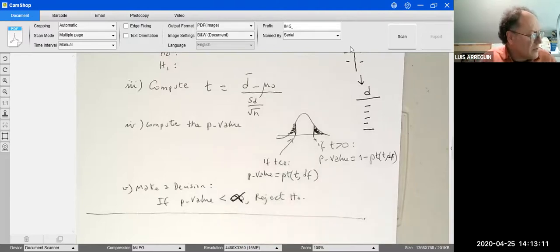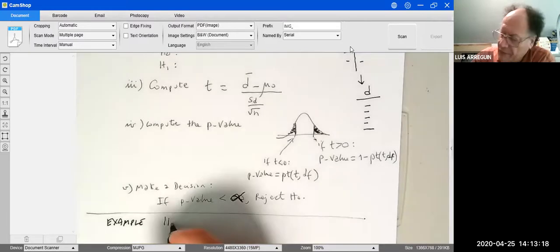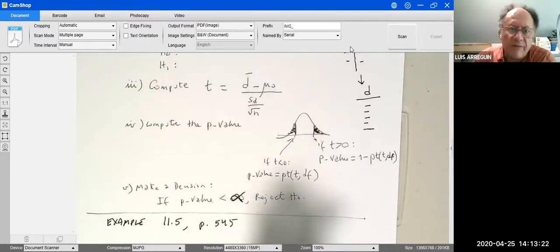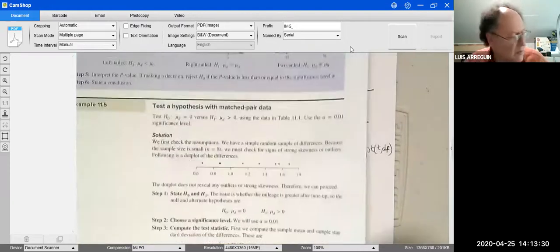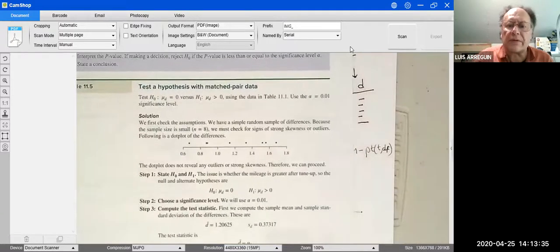So we're going to solve example 11.5 on page 545. So let's see. We're going to solve a problem here, so let's read the problem.